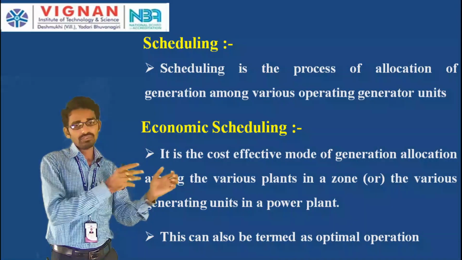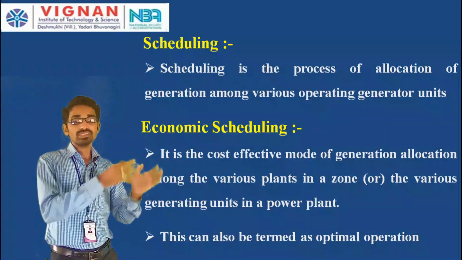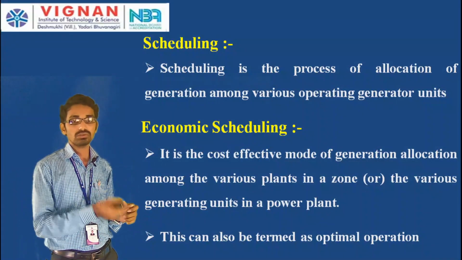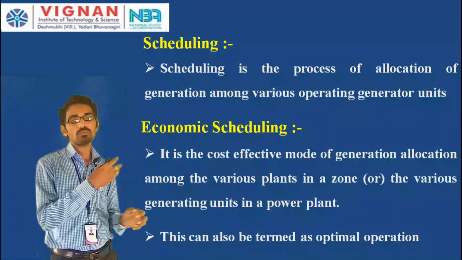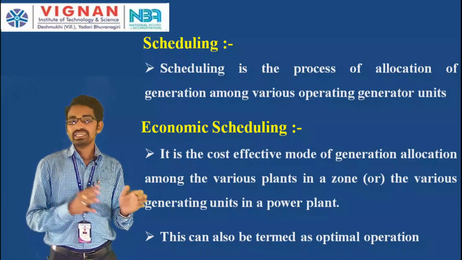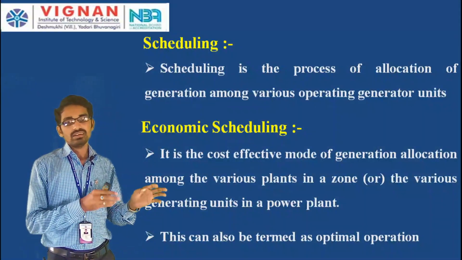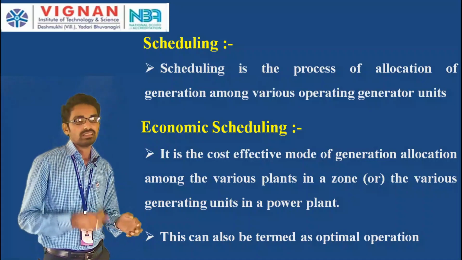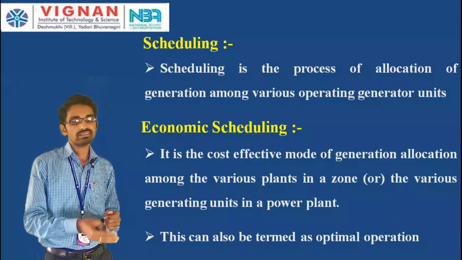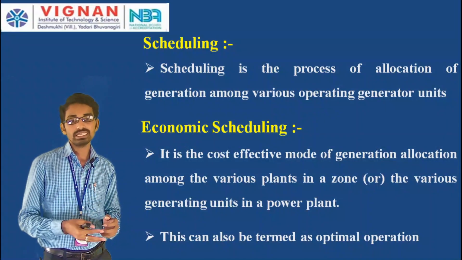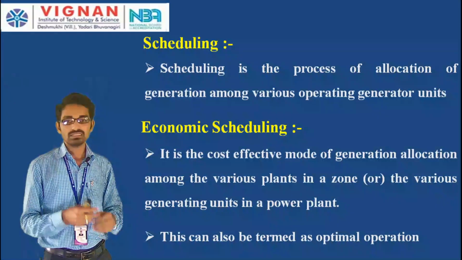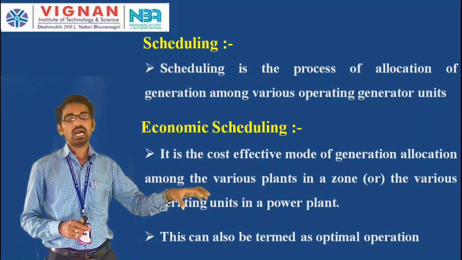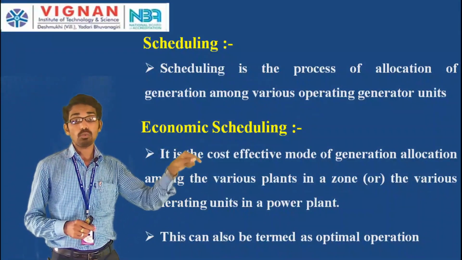So, here we are going to allocate depending upon the lower cost of generation. I am considering which generating unit will generate with less cost. We are going to allocate that generating unit a larger amount of the load. That means you have generating units in a particular generating station, which may have been installed long ago or recently. The generating unit which was installed recently has high efficiency and will generate power with less cost, and the generator which was installed long ago, in the 1970s, if you consider, will be less efficient and will have more cost of generation.